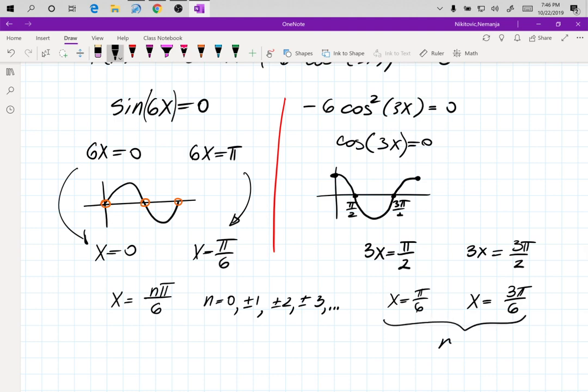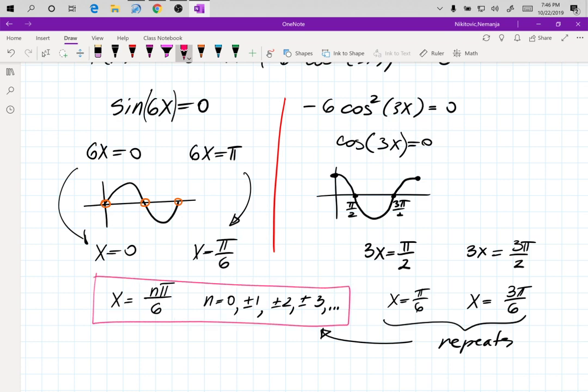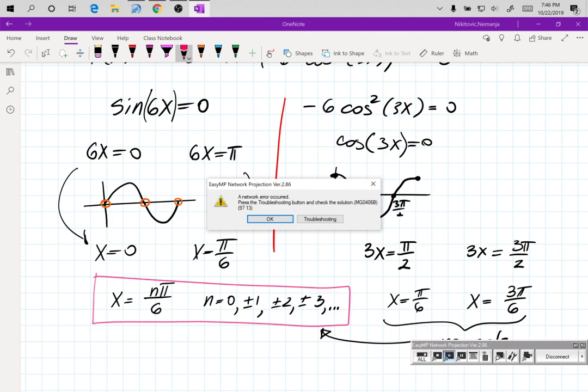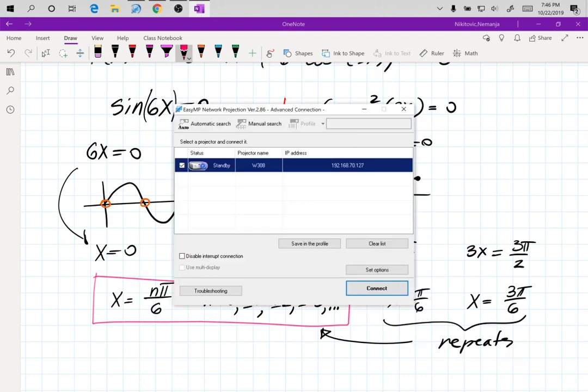So all of these are repeats of that. So this is the solution. We have infinitely many min and max values. Know that this function will go on oscillating.